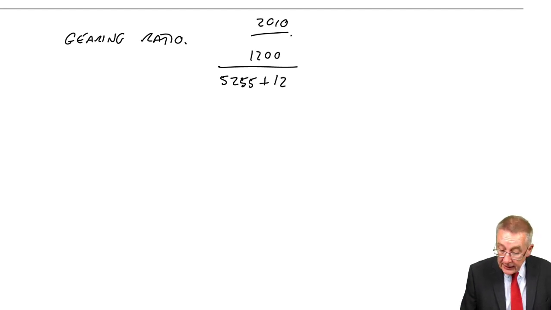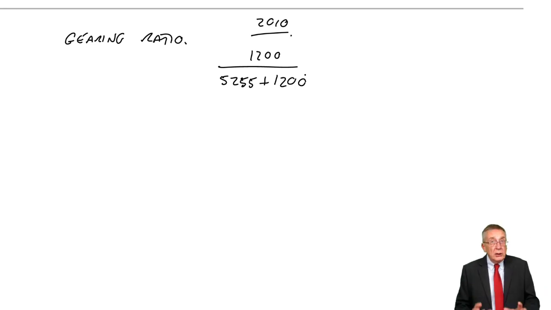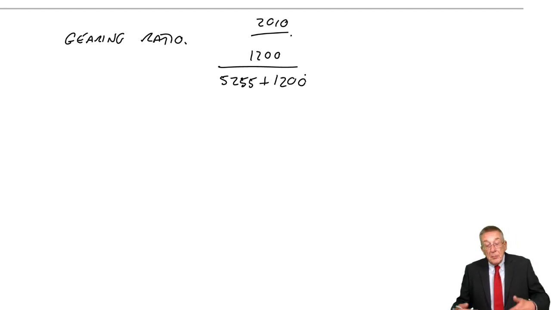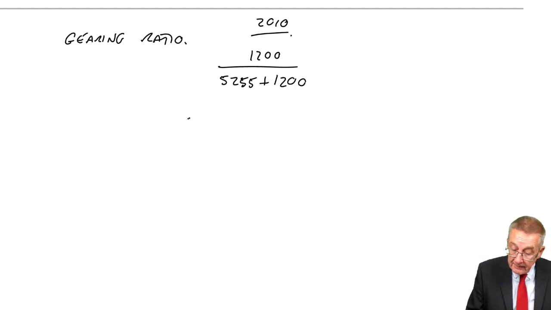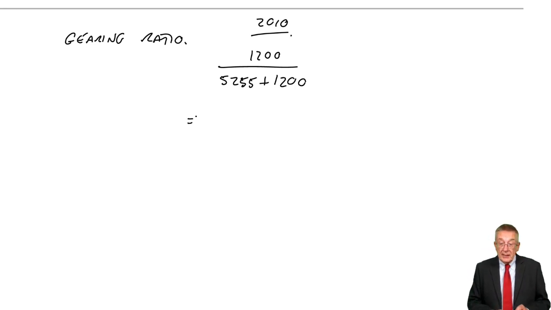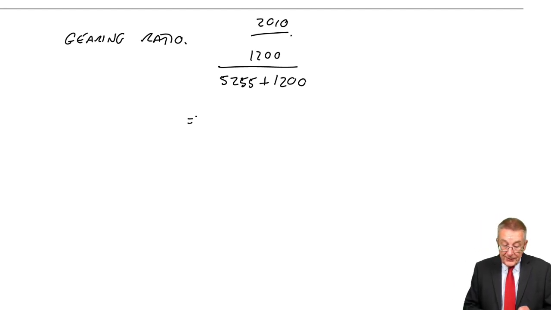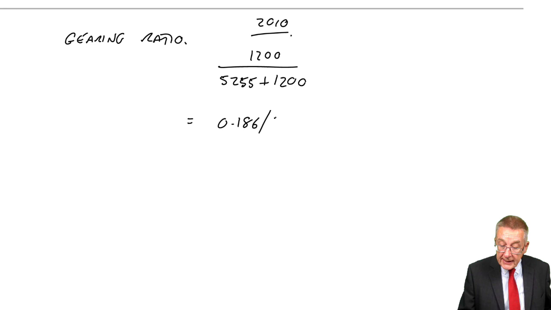From debt, 1,200. So the total long-term money in the business is the two together, 6,455. What proportion of that is coming from non-current liabilities? Well, 1,200 divided by 6,455, I get 0.185, 186, or 18.6%.